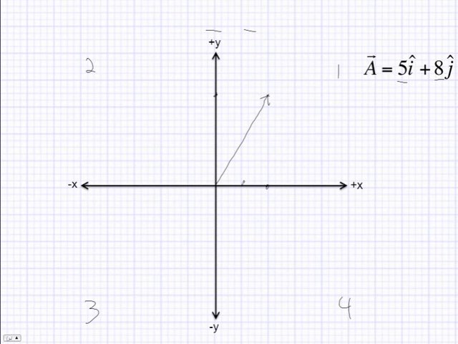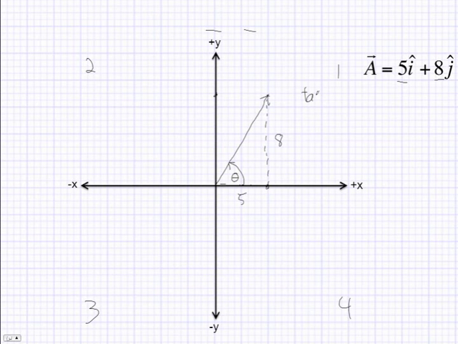And I want to solve for angle theta. In this case, indicate what angle you're solving for. So I'm solving for this angle, so I should expect it to be greater than 45 degrees. Since I have the opposite and adjacent sides here, that's 8, and this is 5, we would use tangent theta.